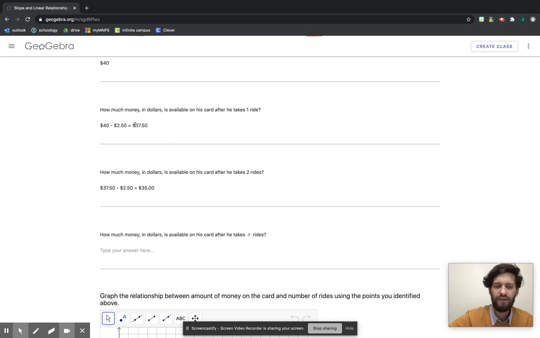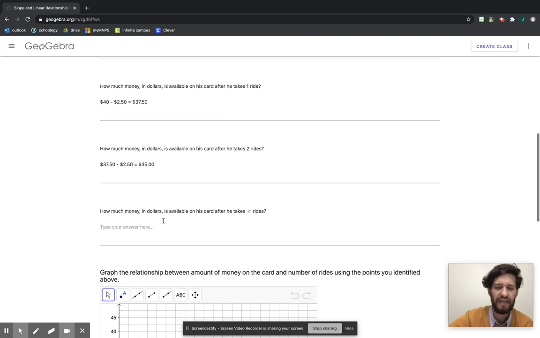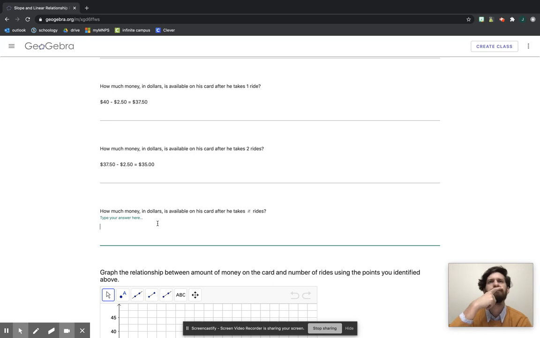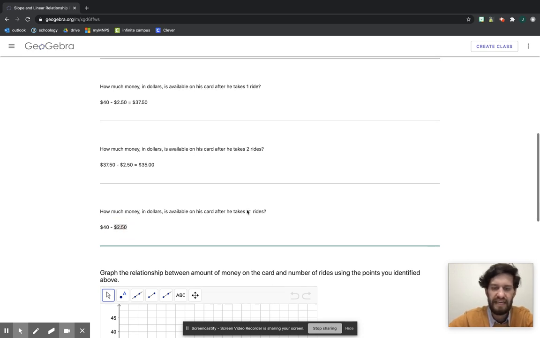Well, if you've noticed the pattern already, each time he takes a ride, it subtracts $2.50. So how would we do that? Well, if we know that he's starting with $40, and then every time he takes a ride, he's going to lose or subtract $2.50, we can multiply $2.50 times X. X is our number of rides that Noah is taking.